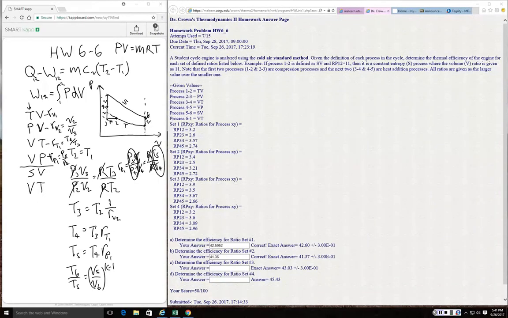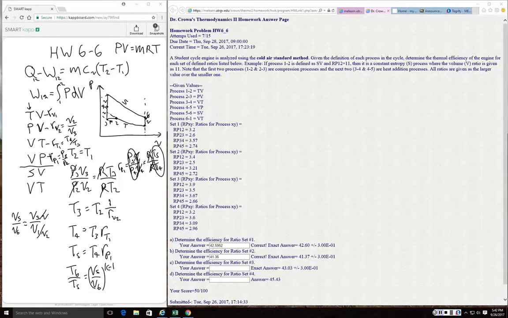So V5 over V6, I can replace V5, which is the same as V3. It's the same as V4 also. And so this is going to be V3, and V6 is the same as V1. And then if I multiply and divide, or divide both the numerator and denominator by V2, that doesn't change anything. So V2, right?